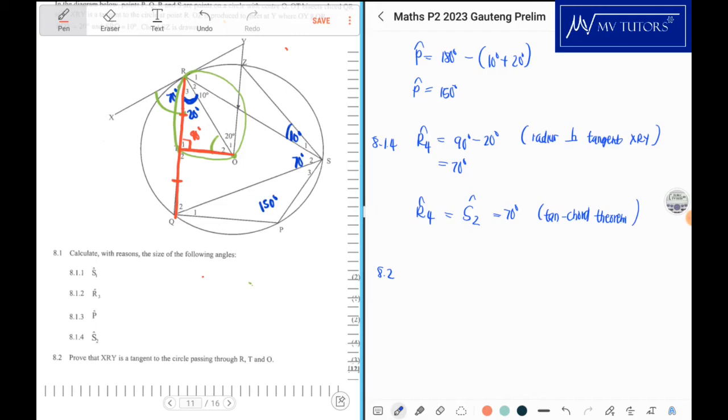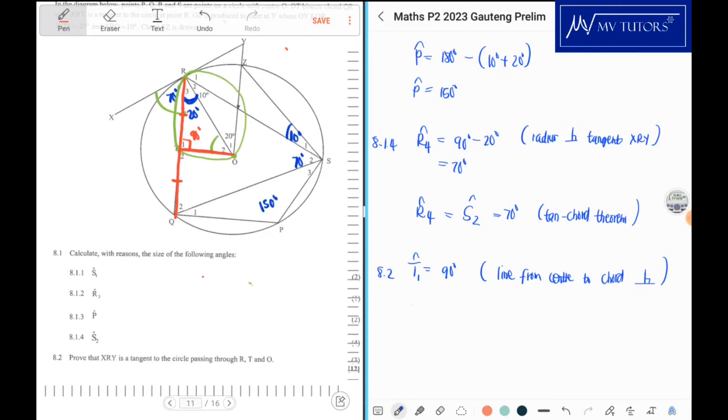So how do we package this nicely? Firstly, we say that T1 is equal to 90 degrees, because it is a line from the center to the chord, perpendicular to the chord.